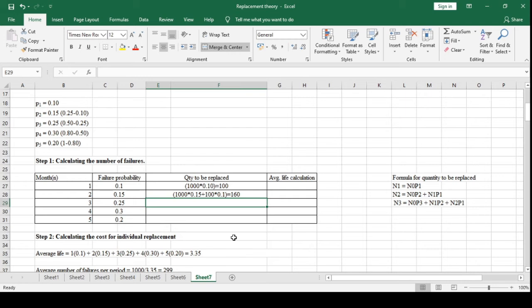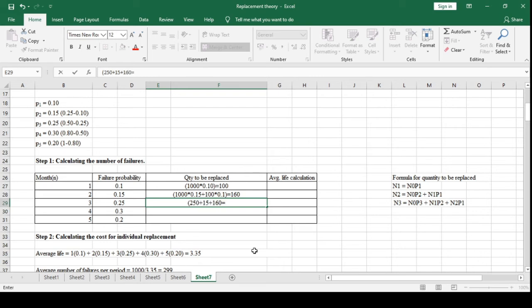Now we will calculate it for the third month as well. The formula for the third month is n0 into p3, that is n0 is 1000 and p3 is 0.25, so that will be 250, plus n1 p2, that is n1 is 100 and p2 is 0.15, so your answer is 15, plus n2 p1, where n2 is 160 and p1 is 0.1, so your answer will be 16.